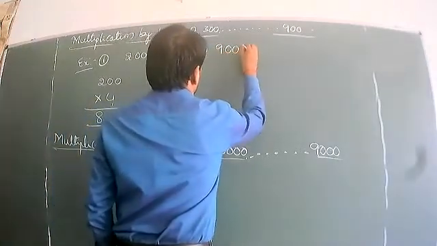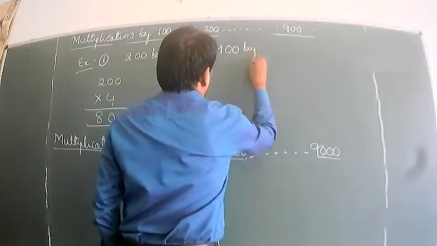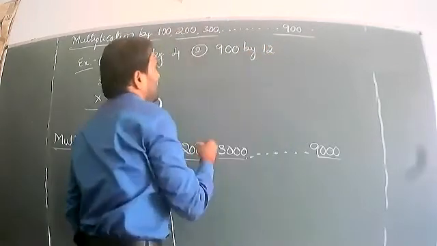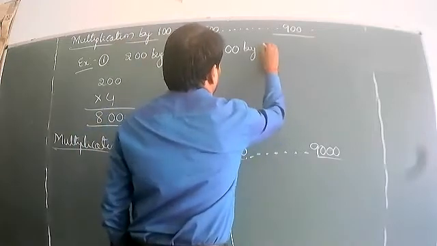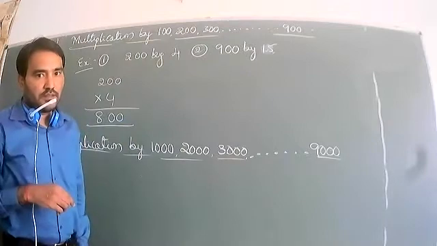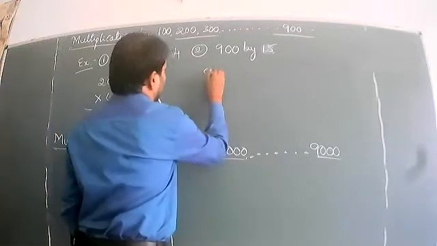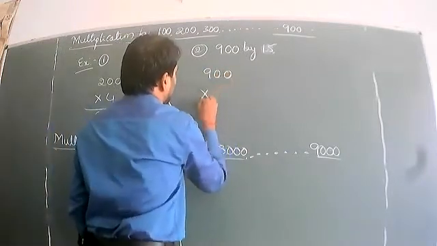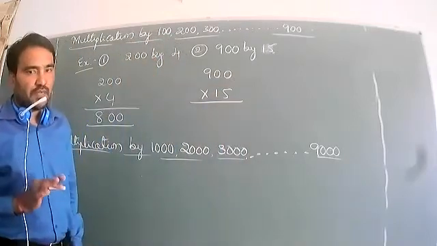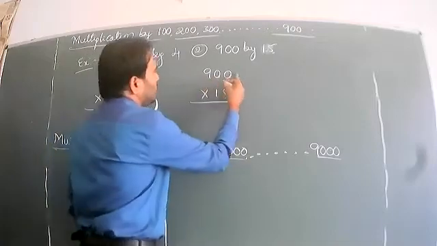900 by 15. So now multiply 900 into 15. First, how many zeros are there? First we have to write them. 1, 2.